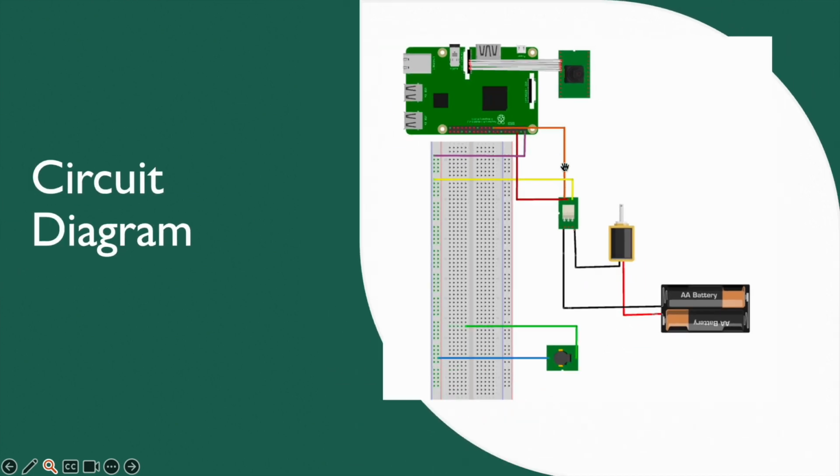We're going to use some GPIO pins to connect to the relay module, and connect the relay to the solenoid lock, and use the relay to connect to the battery to provide power to the solenoid lock. We're going to use the buzzer over here and connect it to the breadboard.